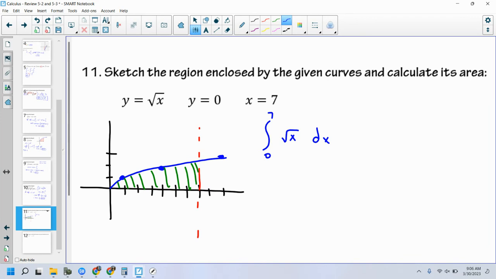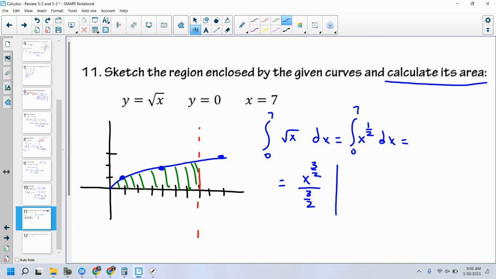Oh, now we have to calculate it. Calculate its area. Okay, so that means we have to do x to the 1/2 from 0 to 7 dx. Take the antiderivative, that is x to the 3/2 over 3/2, from 0 to 7.